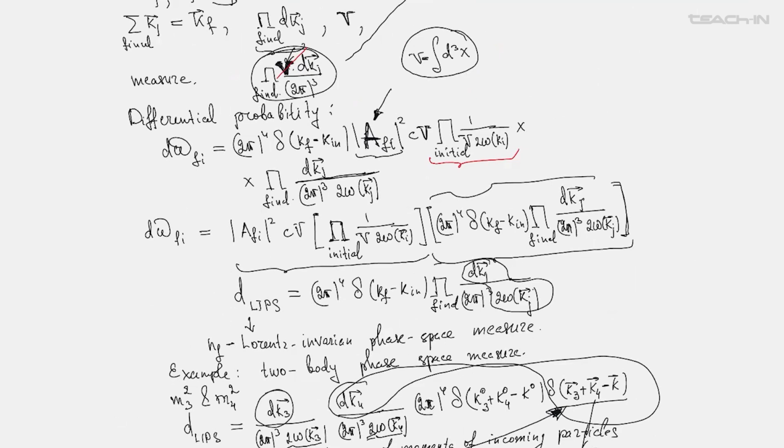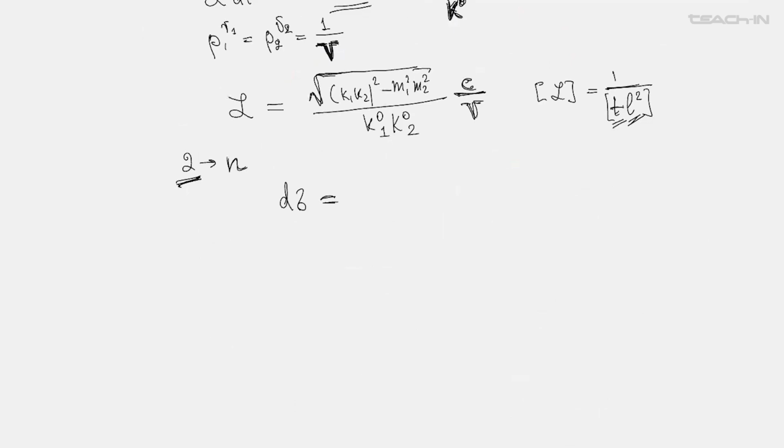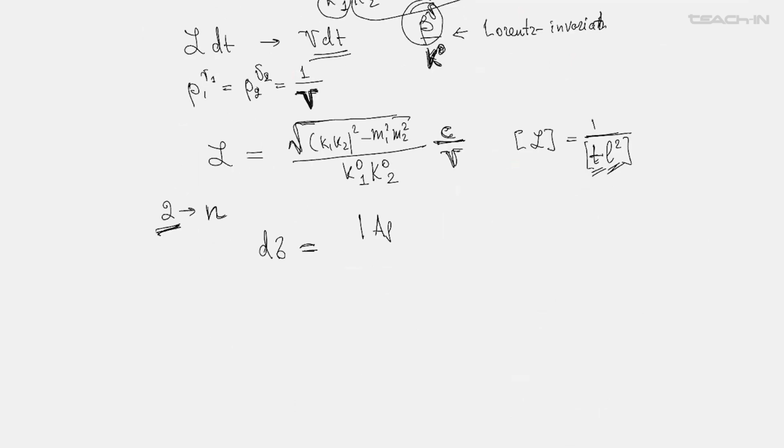And so we will have a scattering amplitude. And then if I substitute everything in this formula, then I will get this sigma is the following quantity: A_FI modulus squared divided by what? 4c squared.